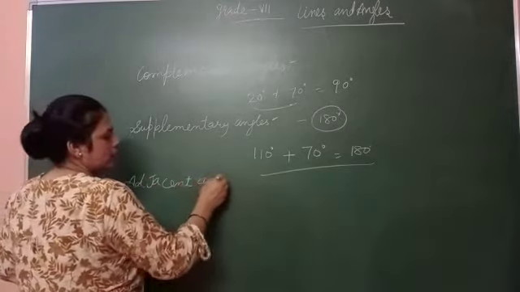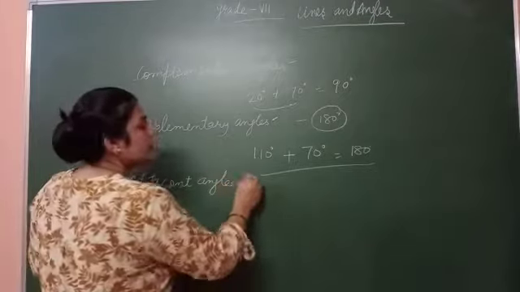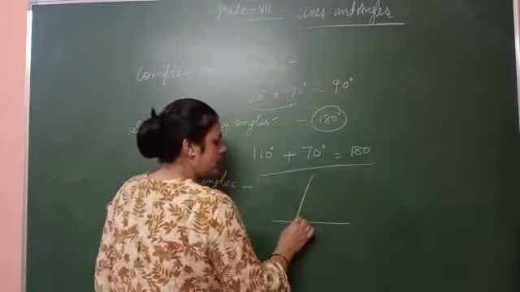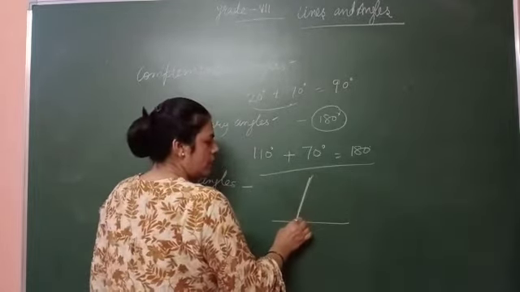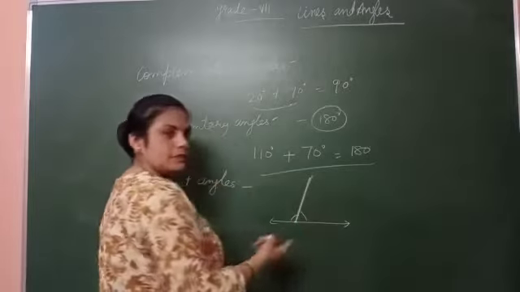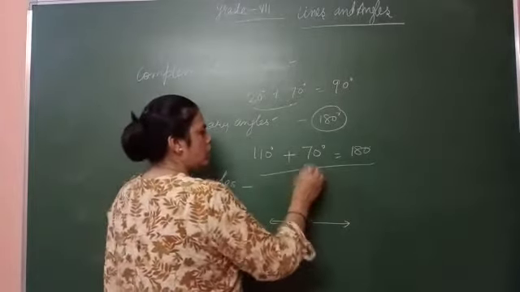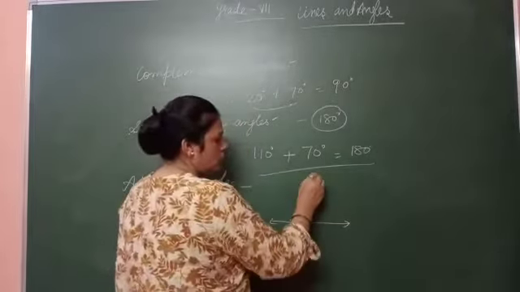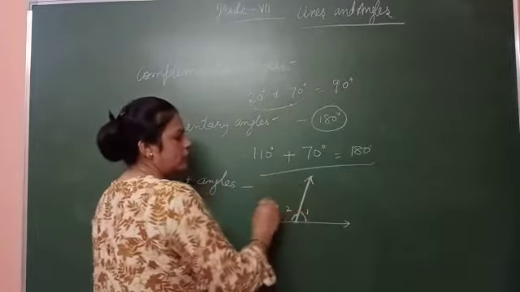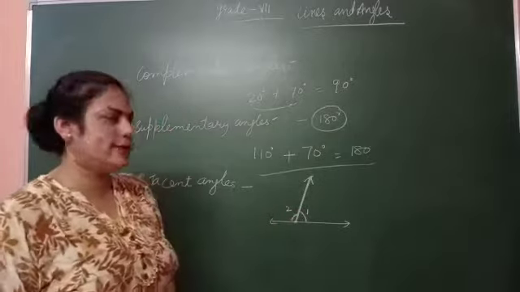What are adjacent angles? Adjacent means side by side angles. One ray is common and the other rays are on opposite sides, or we can say one arm is common. Here angle 1 and 2 are called adjacent angles.